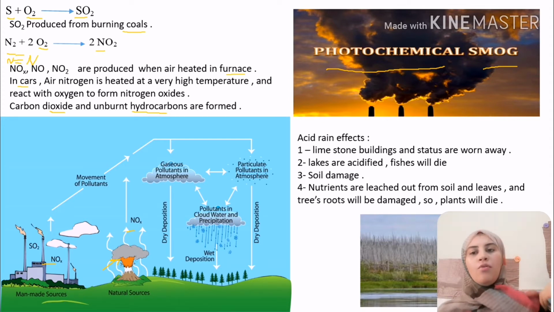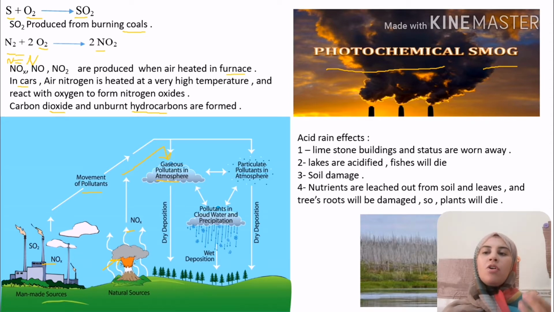All these gas pollutants move up and dissolve in the rain. Dissolving these gases in the rain forms acidic rain. So these gases are responsible for forming acidic rain.